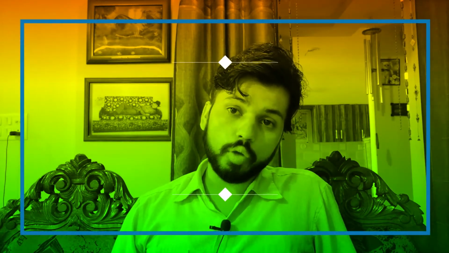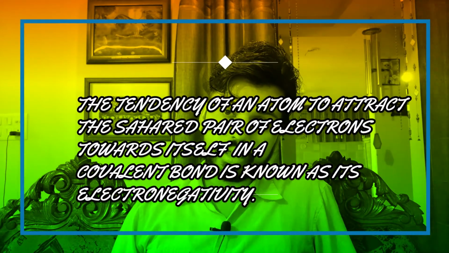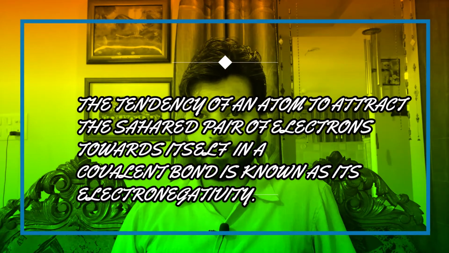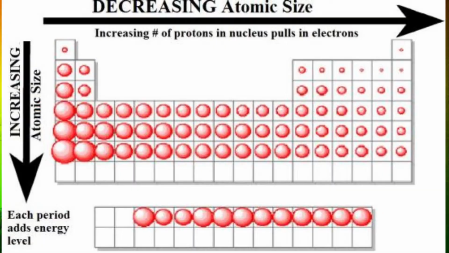The protons present inside the nucleus of an atom attract the electrons, and therefore an atom will have a tendency to attract the electrons. This tendency of an atom to attract the shared pair of electrons towards itself in a covalent bond is known as its electronegativity.